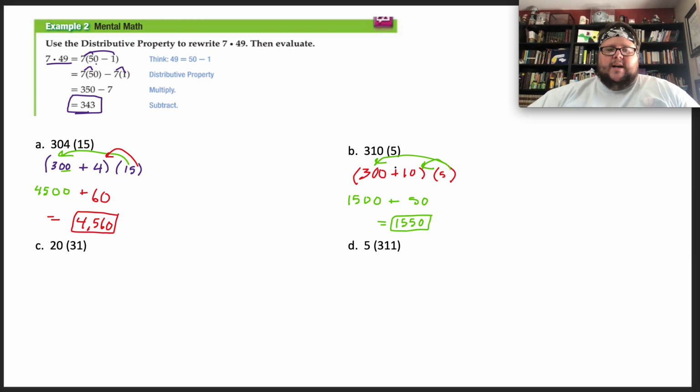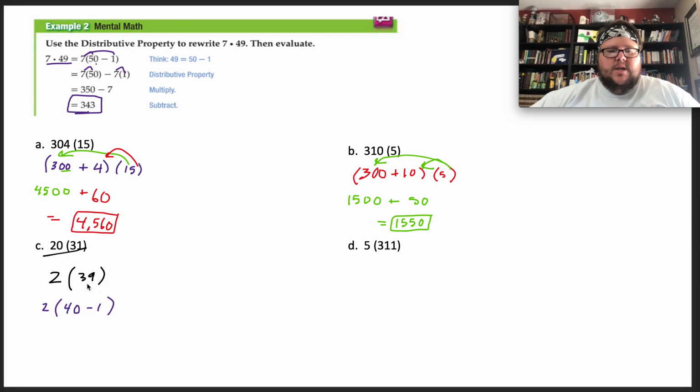I want to do one where I do subtraction, so get rid of that one. And let's do 2 times 39. So I'm going to break that up this time. I'm going to go down, so I'm going to start with 40 minus 1.